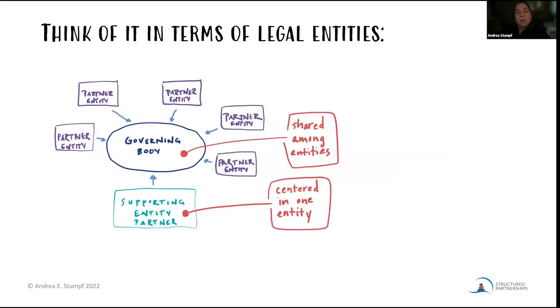We can also go a step further and think about this a little more legally. Just to point out that these different options, if we think of them in terms of legal entities, also reflect some of these differences. The governing body center of gravity is effectively shared among entities, because the governing body itself is not an entity; it's an informal governing body.